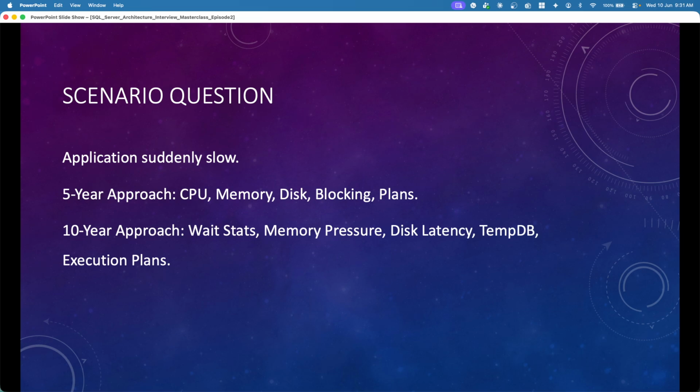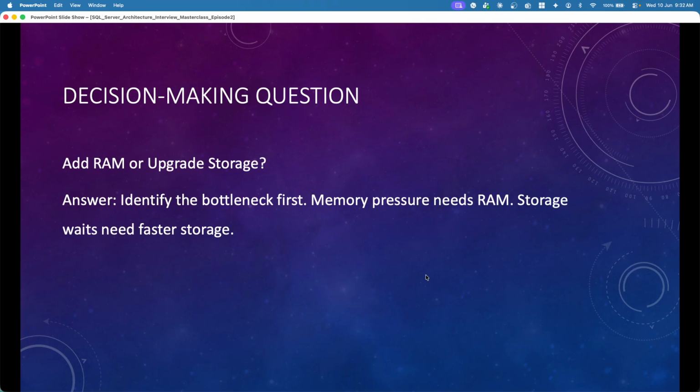But when it comes to the 10 years experienced person, he knows why it is taking longer time. Is it because of wait statistics, or memory pressure, or disk latency, or tempdb or execution plans? The thinking changes a little bit when we are answering the question.